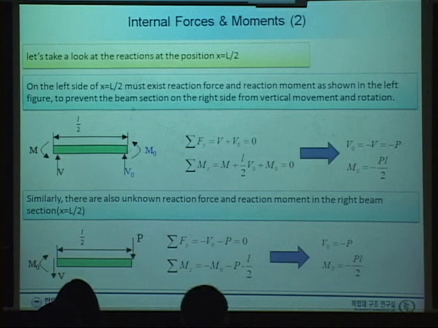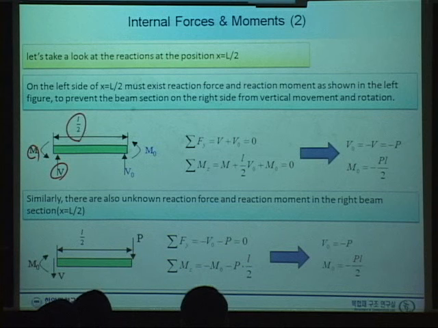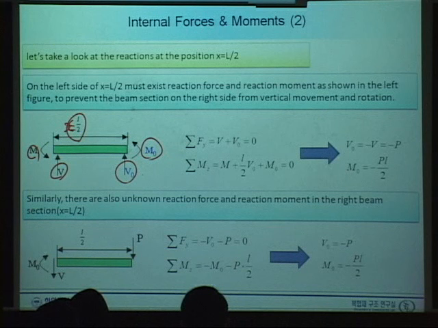For instance, let's take a look at the reactions at the position x equal to half the length. We already calculated the V and M. Let's say we have a section at x equal to half the length. Then how much internal bending moment and shear force will be generated here?